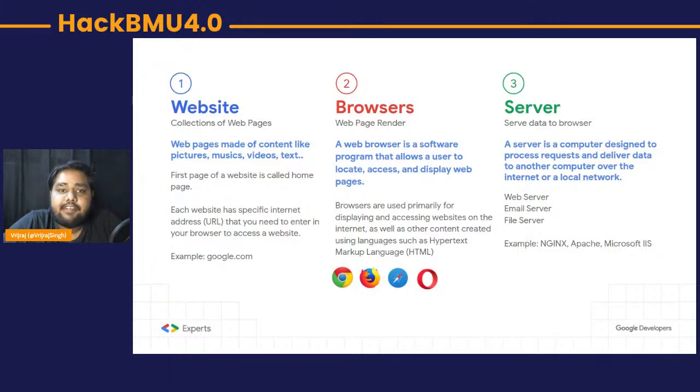The next one is for whenever you are sending or receiving mail over the network. So we have an email server, with protocols like SMTP, simple mail transfer protocol, or POP, post office protocol. And the third, if you are downloading or uploading a file over the network, we have a file server.